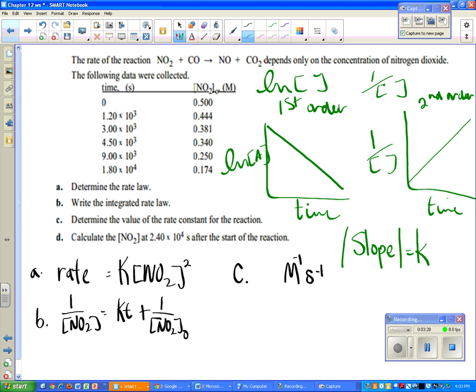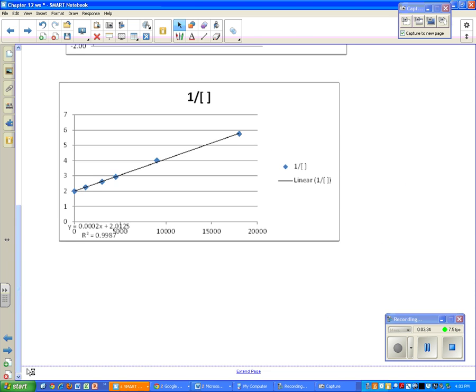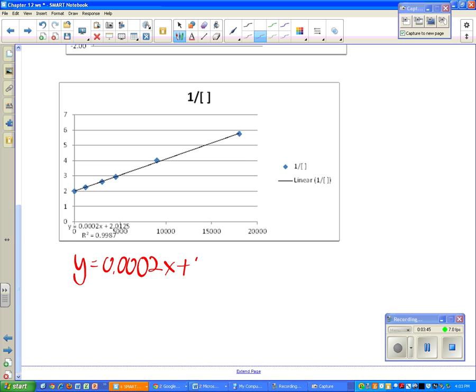So what's my value? Let's take a look back at that graph. If I look at the inverse relationship, here's my formula for the line, but it's hard to see. I'll rewrite it. y is equal to 0.0002x plus 2.0125, which really worked out good because this is the inverse of the initial concentration.